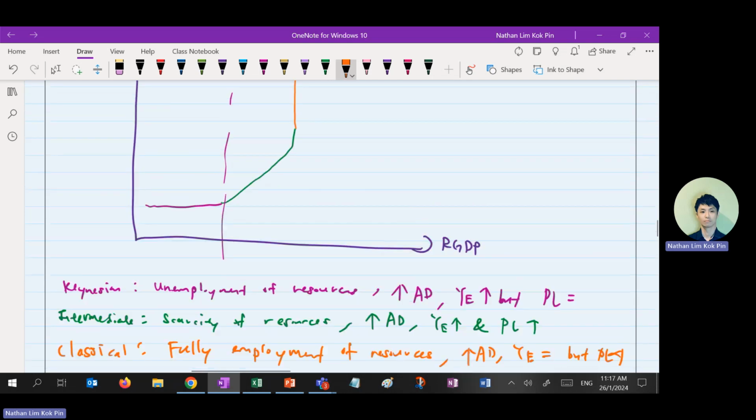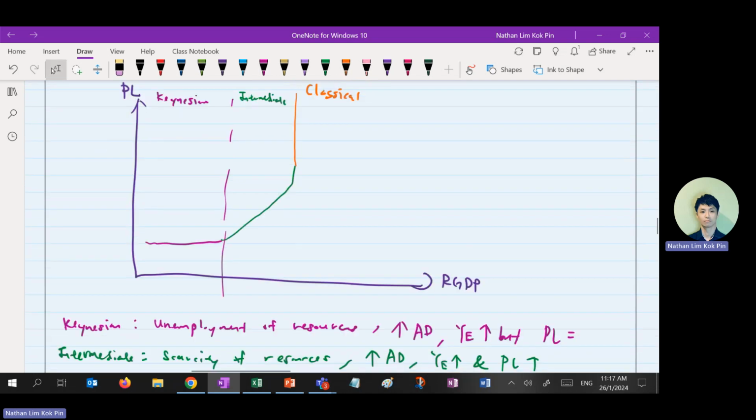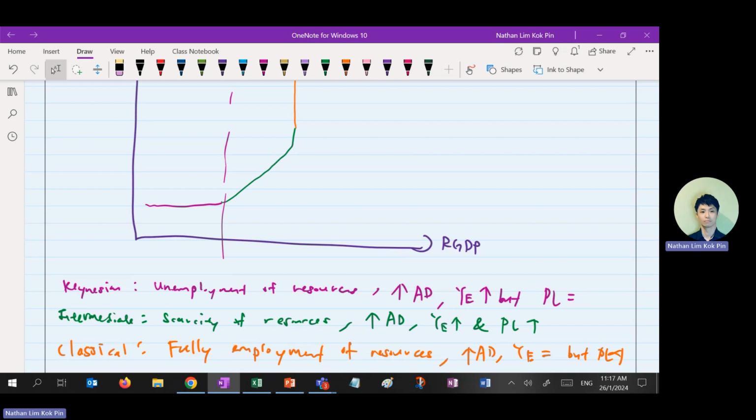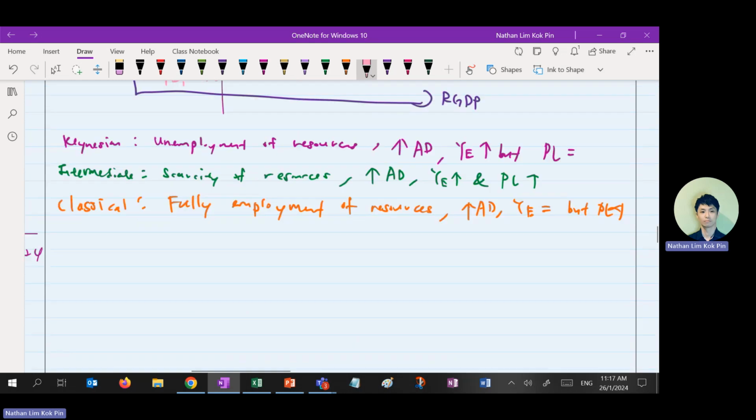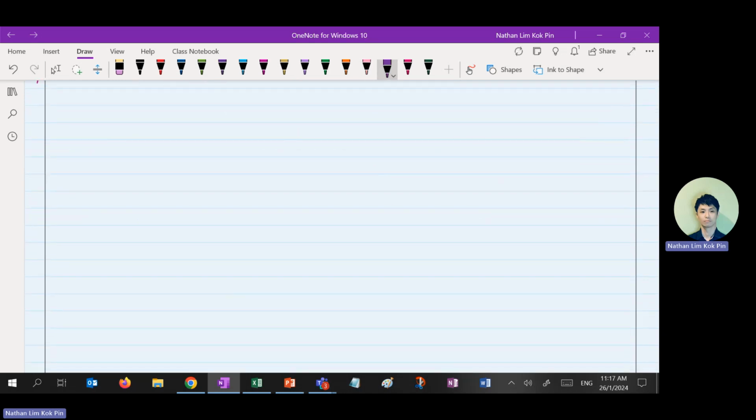Okay, I'll give you one more example for this. Imagine, let's say, you think about the sand. You know sand on the beach in Malaysia? Do we have a lot of sand near the beach? Like this is the beach, then this is sand.